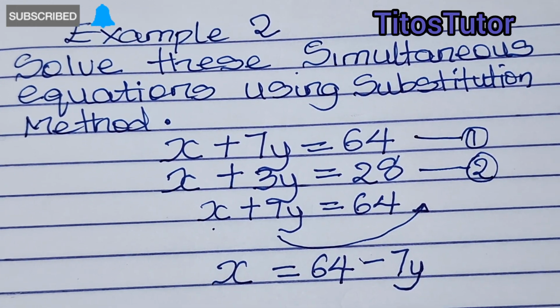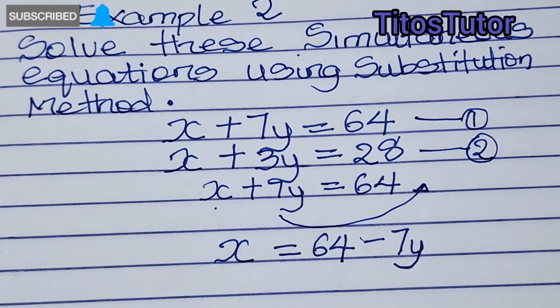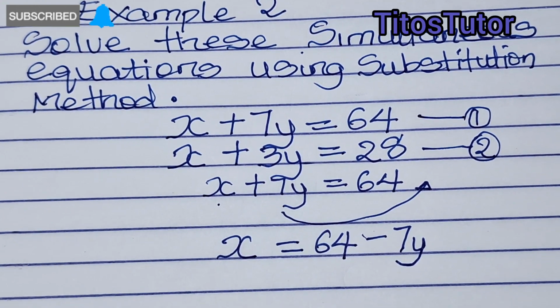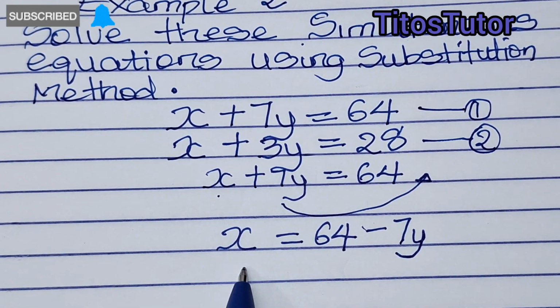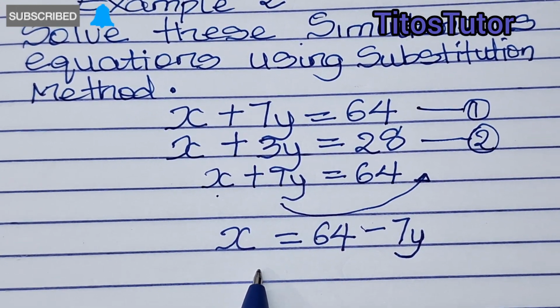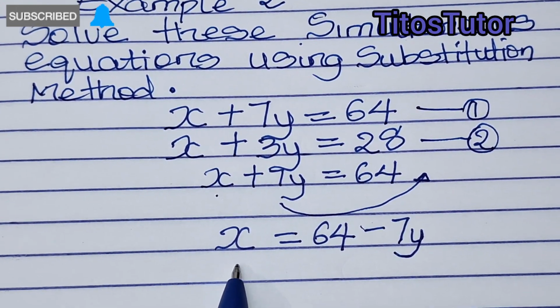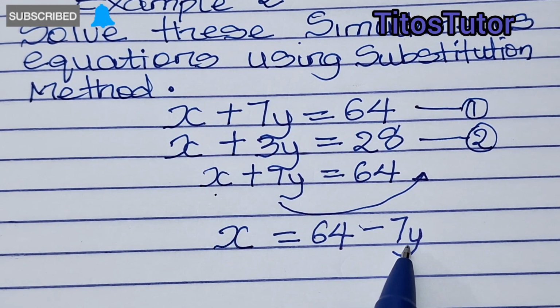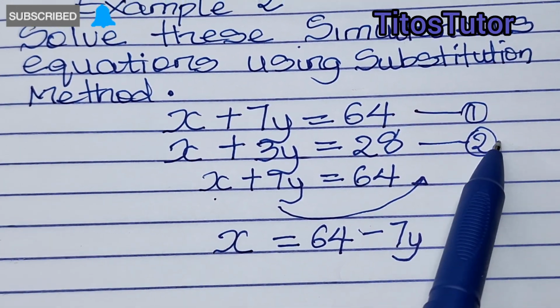Okay, so x is equal to 64 minus 7y. Now x is standing on its own. I have made it the subject of the formula. So what I'm going to do next is substitute x as 64 minus 7y in equation 2.